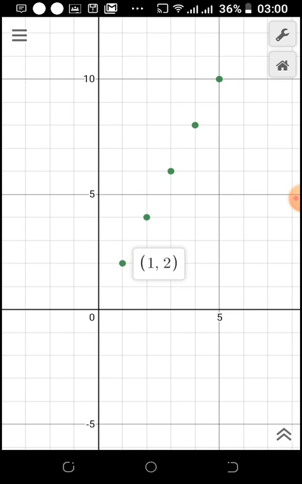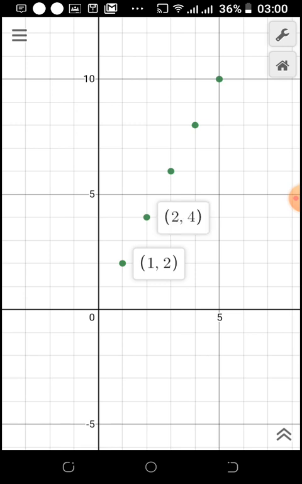When we click the first one, it gives us the coordinate of that point. Every point must have a coordinate which represents the x and y axes. The first one stands for x, which is 1, while the second one stands for y, which is 2. So 1, 2 means x, y, that is x is 1, y is equal to 2.